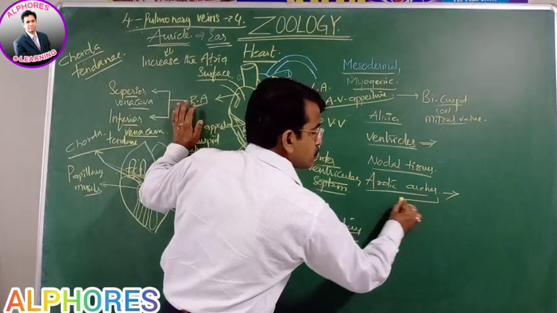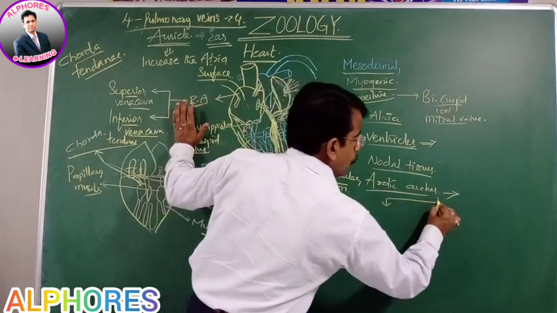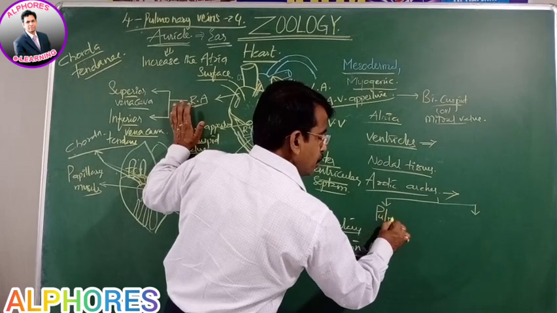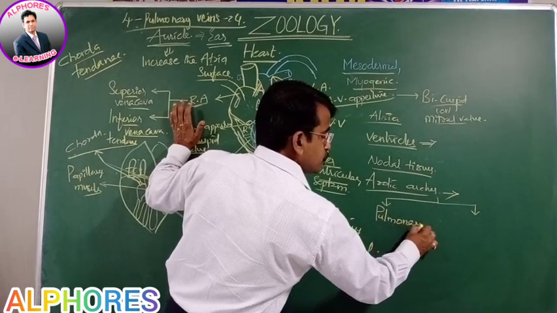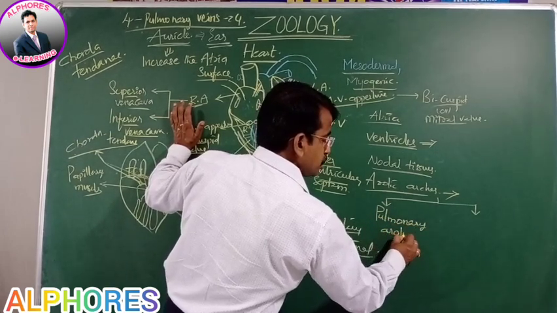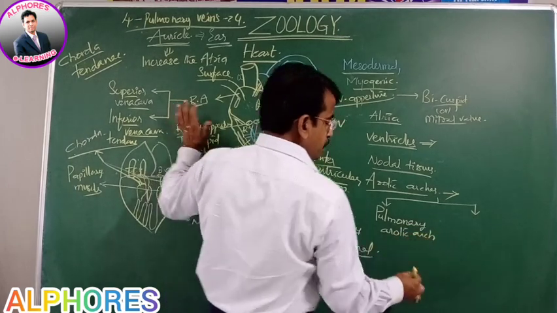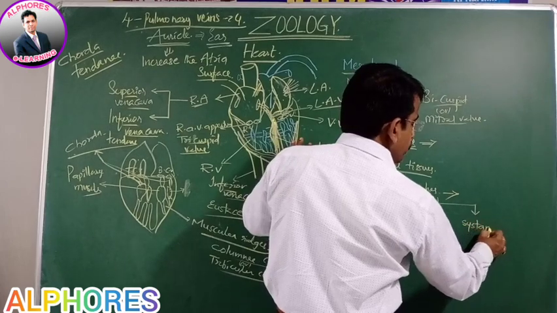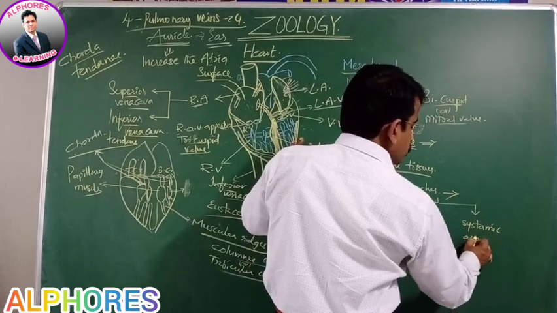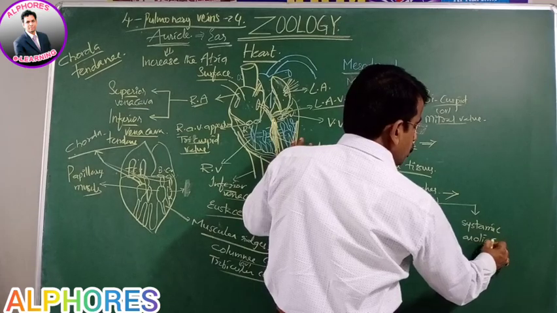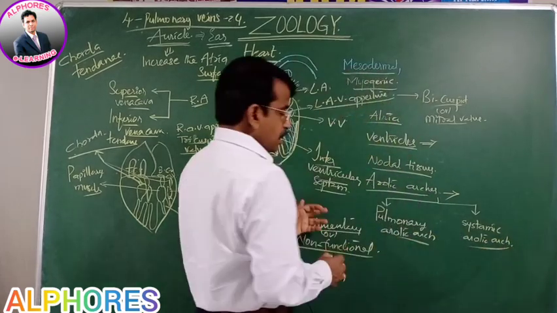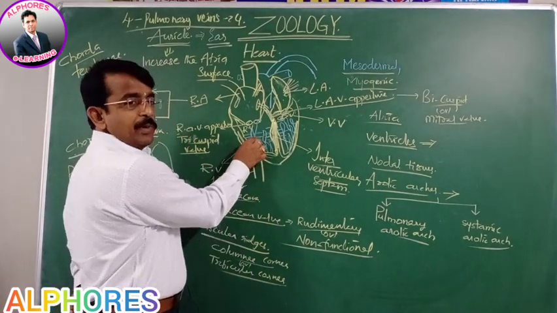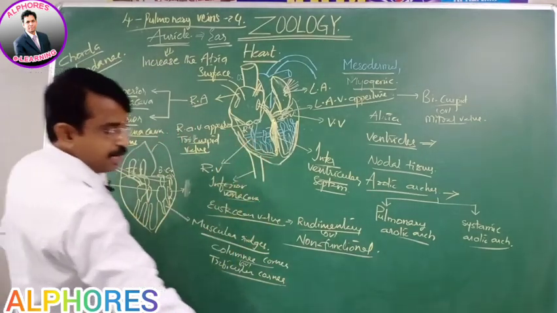The two aortic arches we see are one pulmonary aortic arch, and the second one is the left systemic aortic arch.